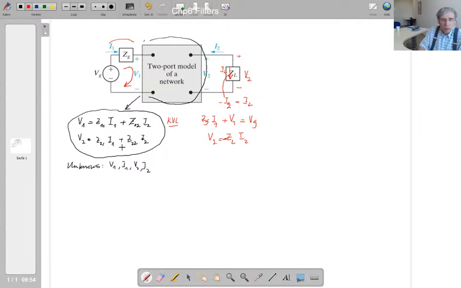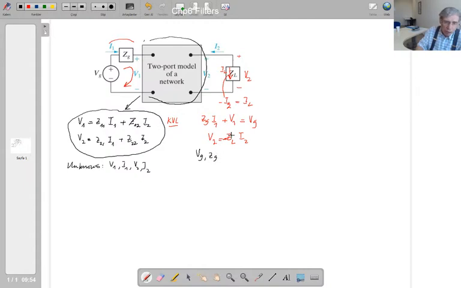Now if we consider these 4 equations, we said these are unknowns. So what are the knowns? This is the Thevenin equivalent of the input circuit to our two-port circuit, so Vg and Zg are known.